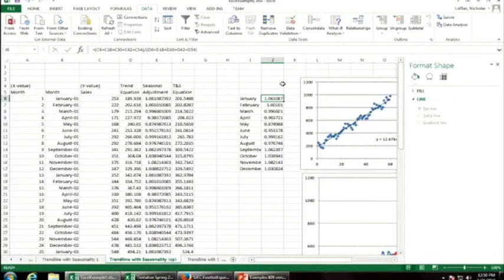So in general, our actual results for January are 1.06 above what our forecast is, what our trend line is saying. So for a forecast going forward, we use our trend results and multiply that times the seasonal adjustment. So if it's January, we multiply the trend result times 1.06.